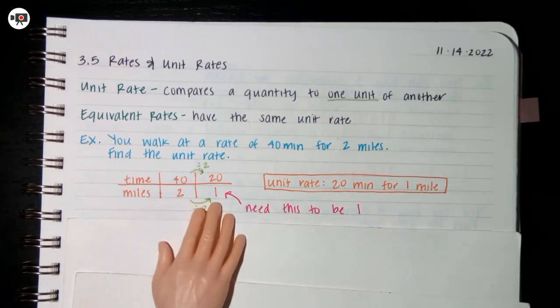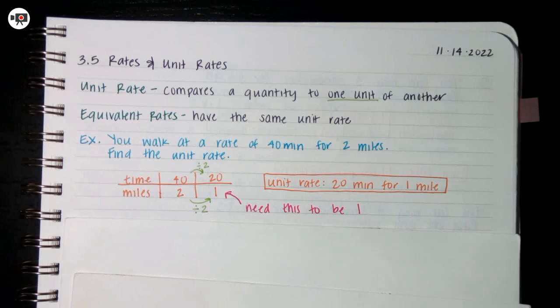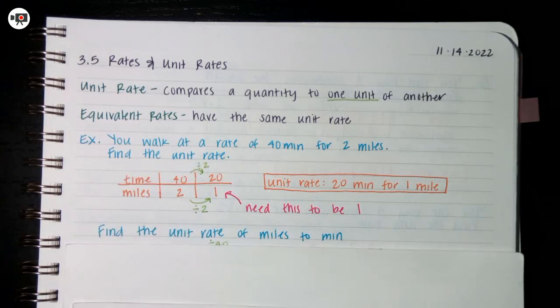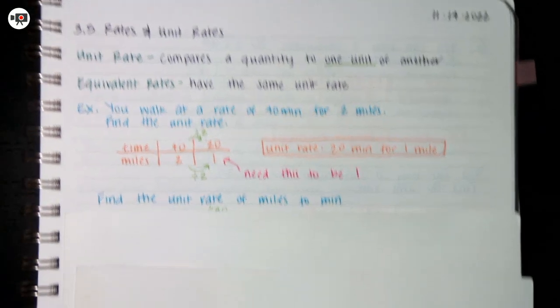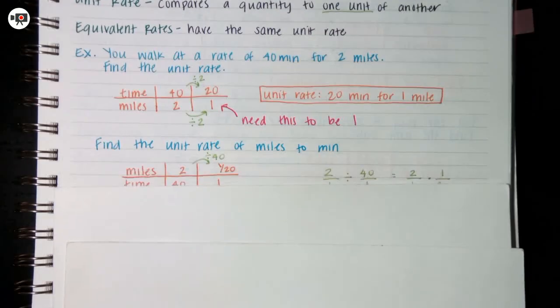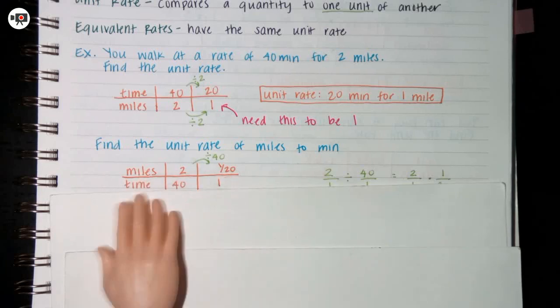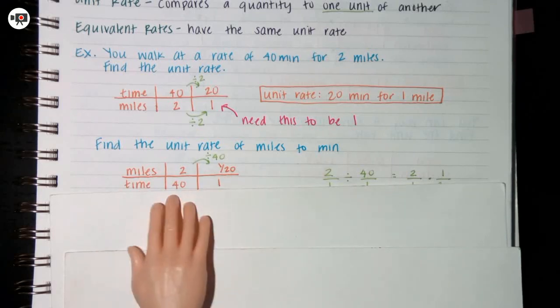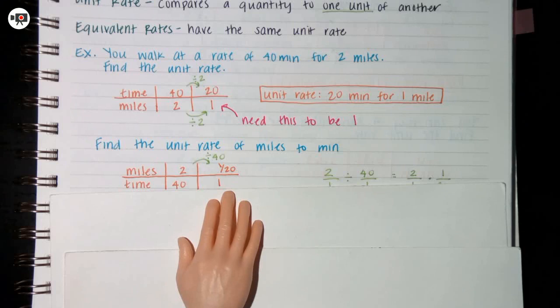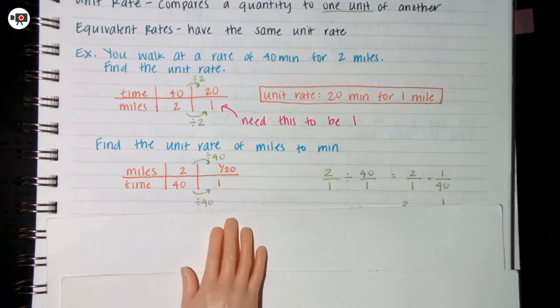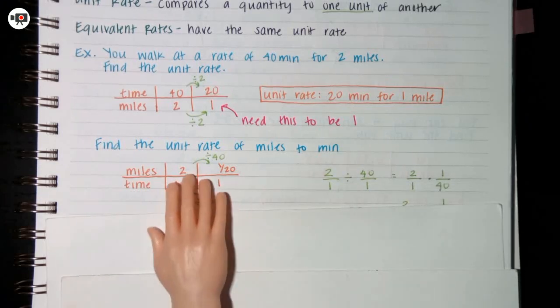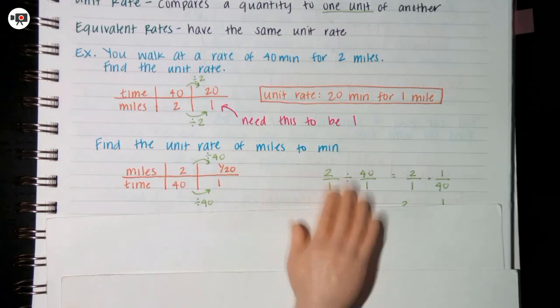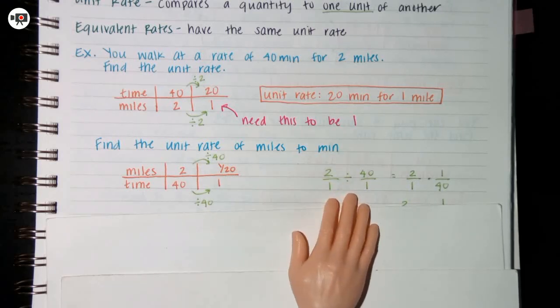So usually we would set it up like this. We're going to find the unit rate of miles to minutes. So that's the other way around. So now I have miles on top, time on bottom, and I want this to be 1. So to go from 40 to 1, I divide by 40. 2 divided by 40, that's the work I did over here.